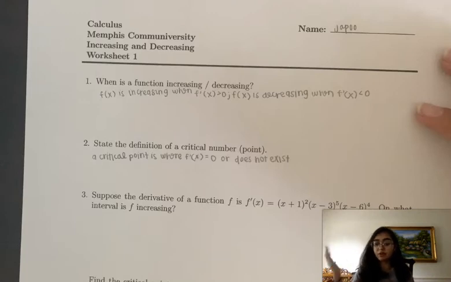Then, based on our factored equation, we're going to draw a sign chart. We do have a video on how to draw sign charts, so if you're unfamiliar with sign charts or want a little more practice, feel free to check that out. After we draw our sign chart, we can then determine where f prime is positive, negative, or equals 0 or does not exist, and then we have our answer.